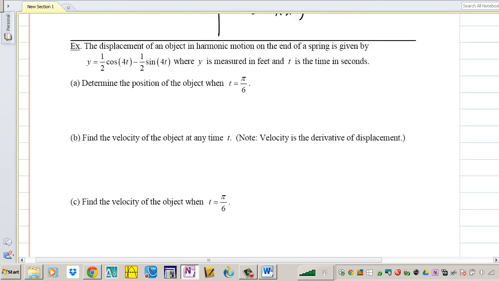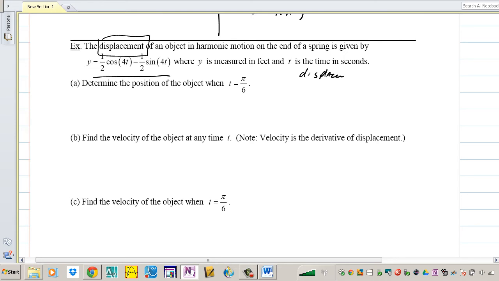The displacement of an object in harmonic motion on the end of a spring is given by this function here, where y is measured in feet and t is measured in seconds. Determine the position of the object when t is equal to pi over 6. Well, displacement. What is displacement?